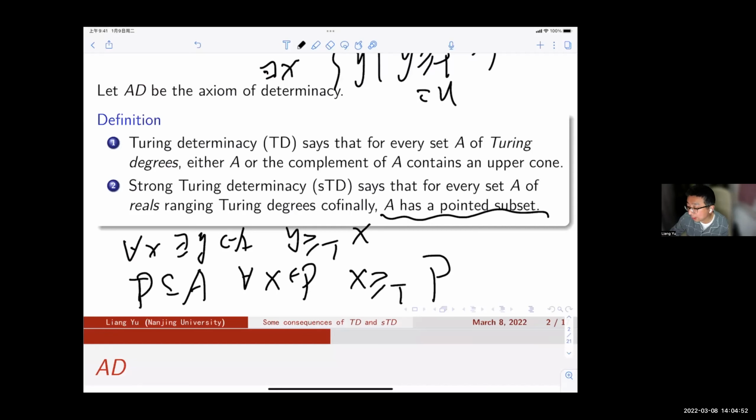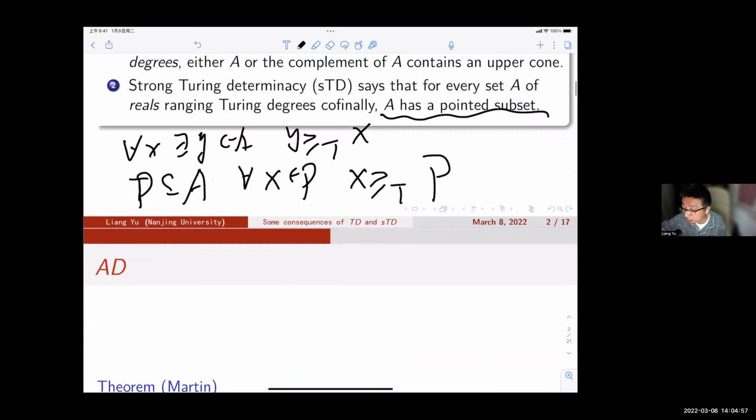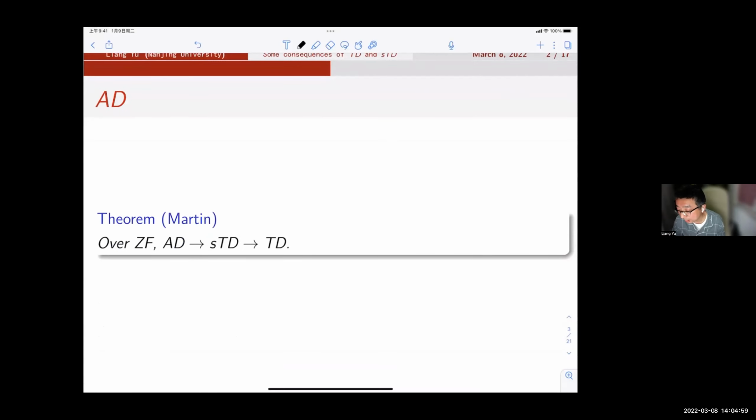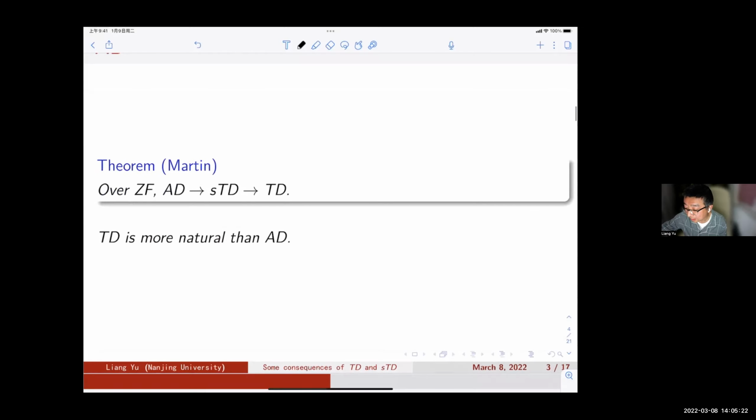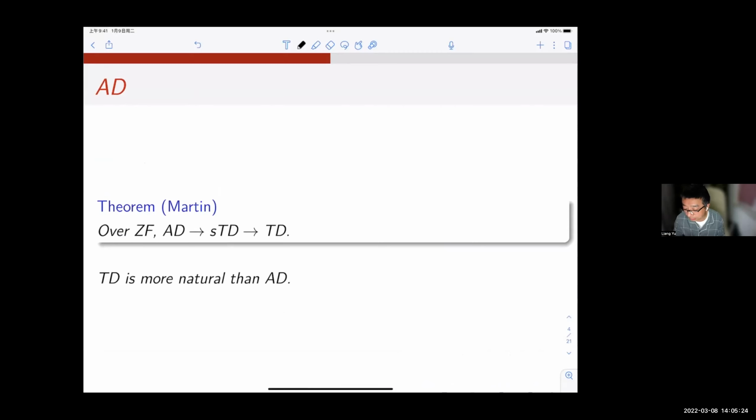So clearly sTD implies TD. And the important consequence of AD is that over ZF, AD implies sTD, which implies TD. This was proved by Tony Martin to try to get a contradiction from AD, but clearly we don't know whether it is a contradiction. So this is the history. TD is important because it's very natural.